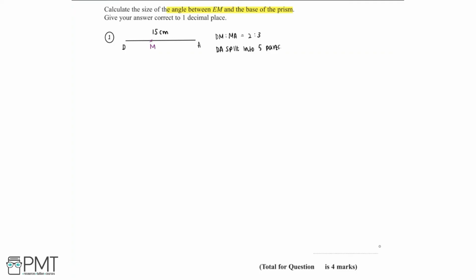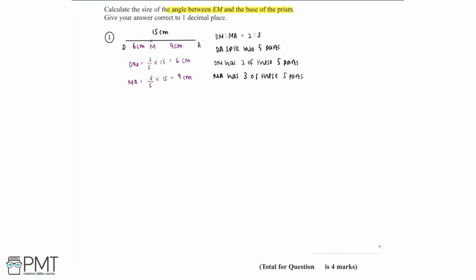The ratio tells us that DM has 2 of these 5 parts, and MA has 3 of these 5 parts. And so using the fact that DA is 15 centimeters, we can find the length of DM and MA. We can say that DM is equal to 2/5 of 15, which is equal to 6 centimeters. And then we can say that MA is 3/5 of 15, which is equal to 9 centimeters.